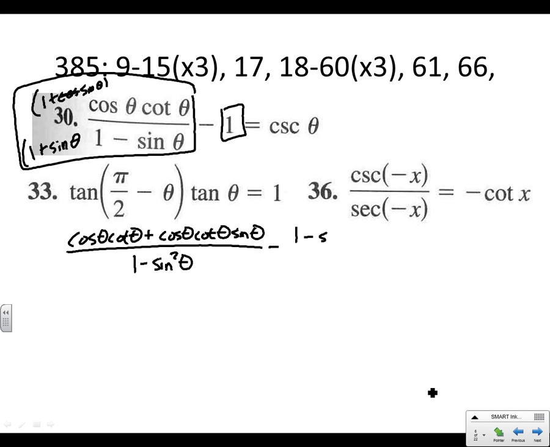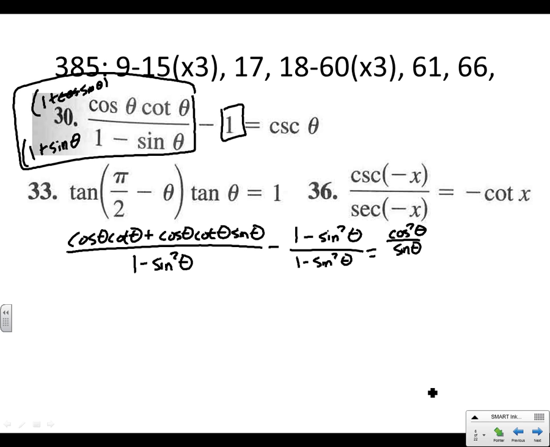So we're just going to make it 1 minus sine squared theta over 1 minus sine squared theta. And at this point, we know what 1 minus sine squared theta is. That's cosine squared theta. So we've got cosine times cotangent. That's cosine squared over sine theta.